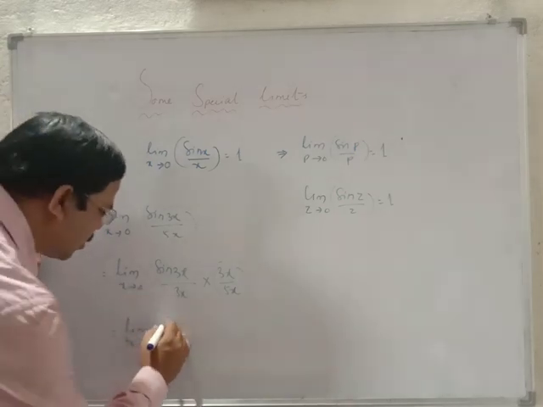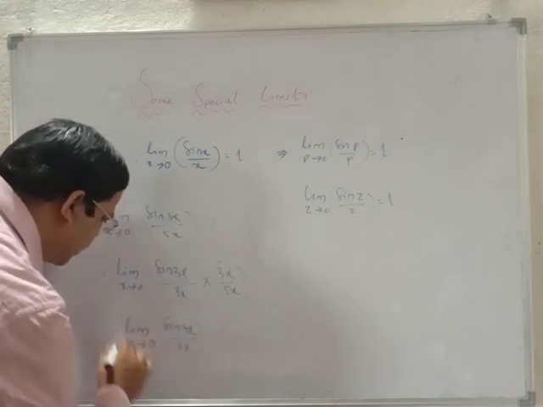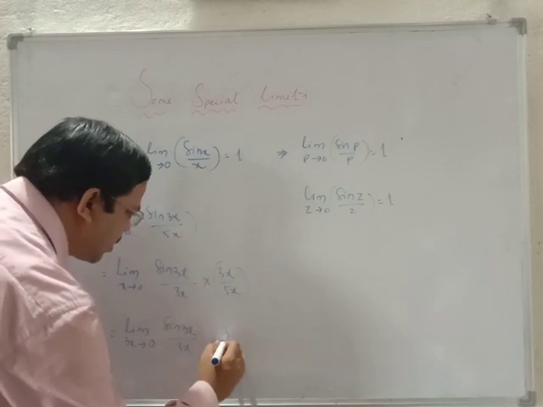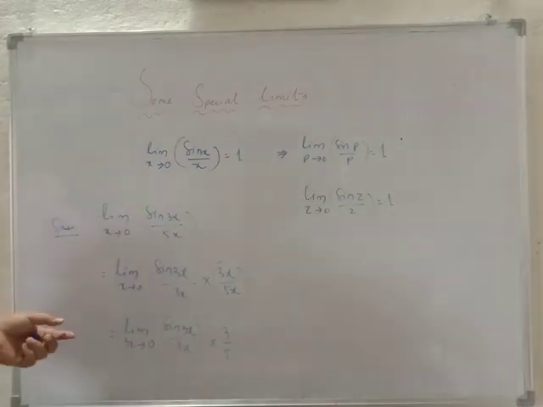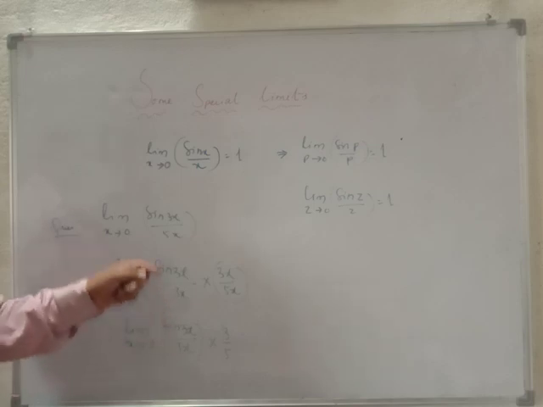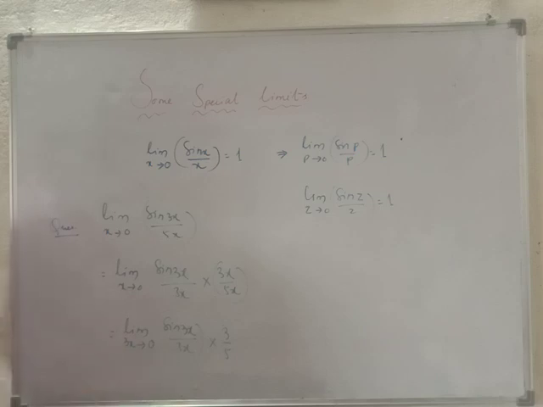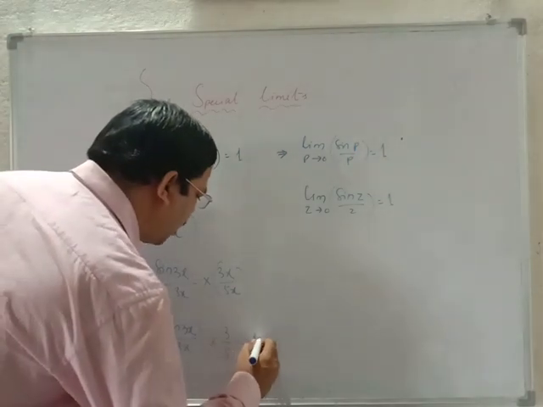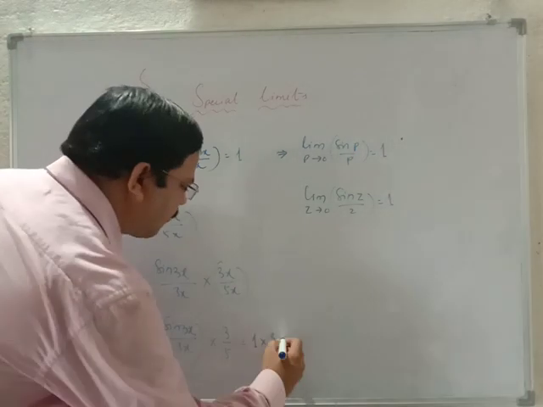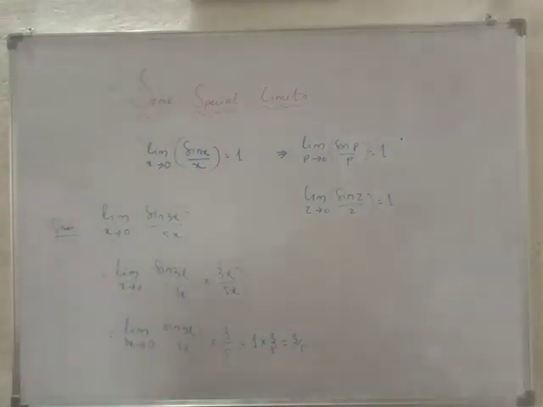So limit 3x tends to 0, sin 3x by 3x, into x cancels, it is 3 by 5. Now let us assume 3x as p. Limit p tends to 0, sin p by p is equal to 1. So 1 into 3 by 5 equals 3 by 5. Okay, so the answer is 3 by 5.